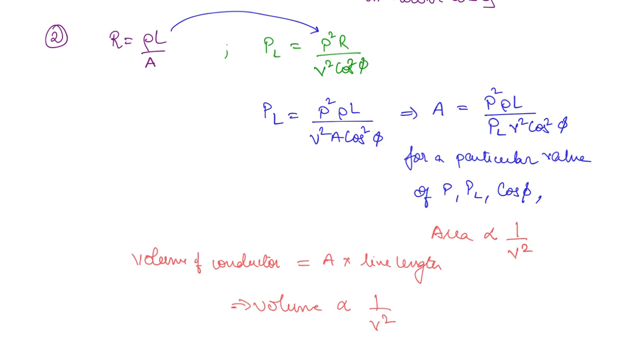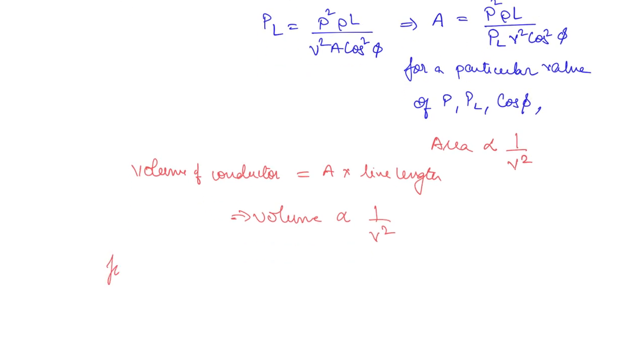Okay, so that means if you use a higher voltage, then the volume is going to reduce. So for a higher voltage, lesser volume is required for the transmission of given power.